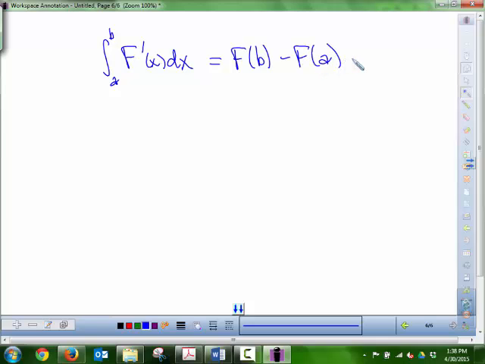I think in calculus there was this theorem where the integral from a to b of capital F prime of x dx is just equal to F of b minus F of a. What's it called? Fundamental theorem of calculus, right?